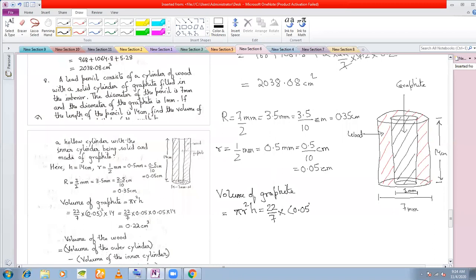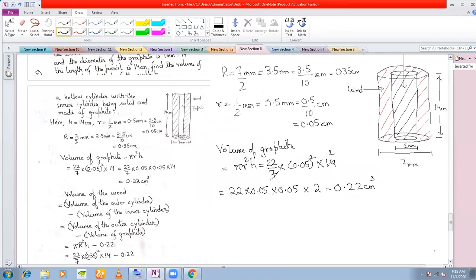Radius is 0.05 square, and h here is 14. You can cancel this. You get 22 into 0.05 into 0.05 into 2. You multiply, you get 0.22 centimeter cube. This is the volume of graphite.